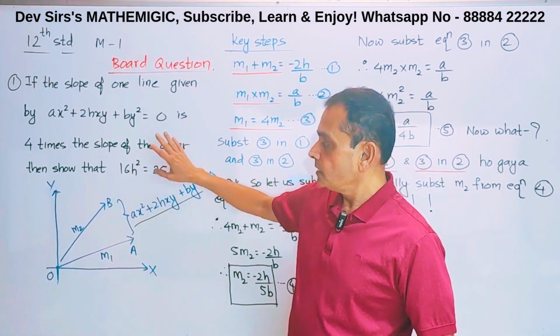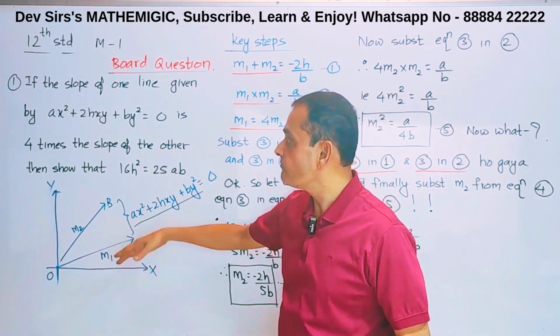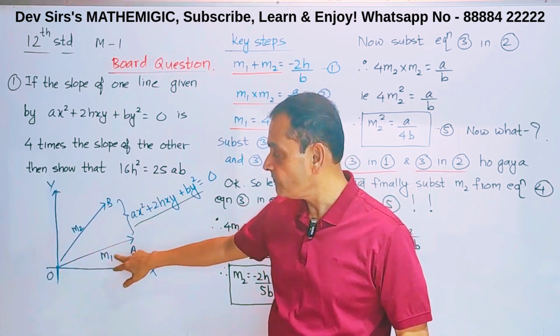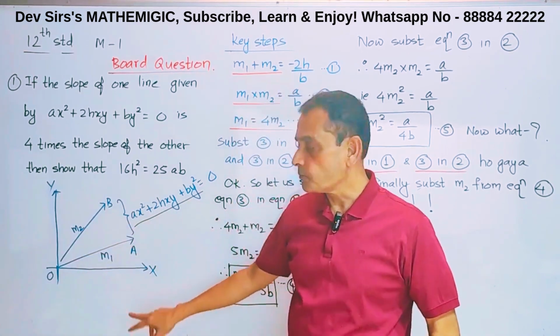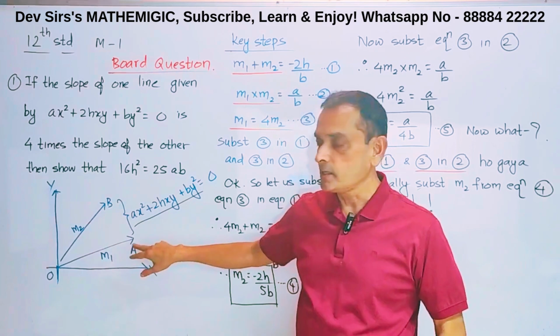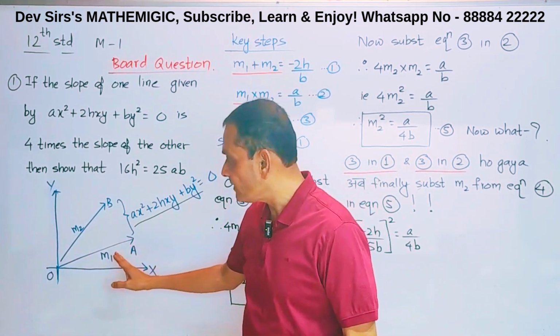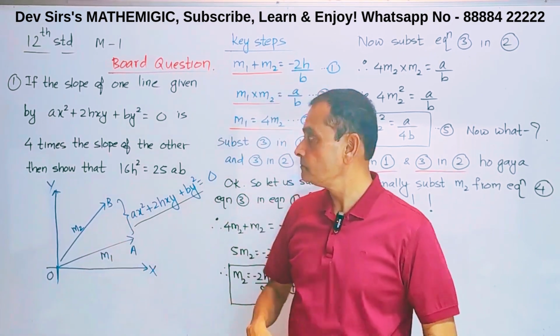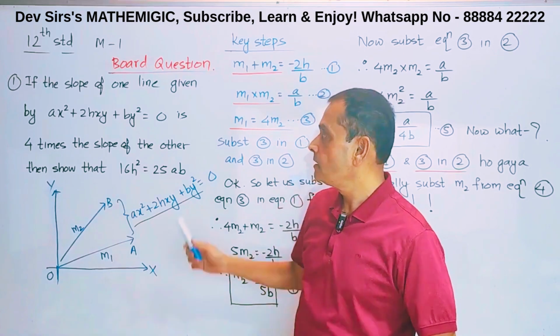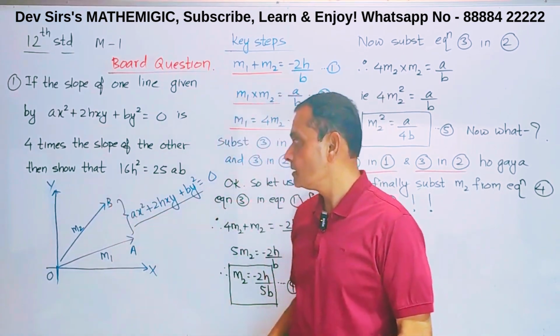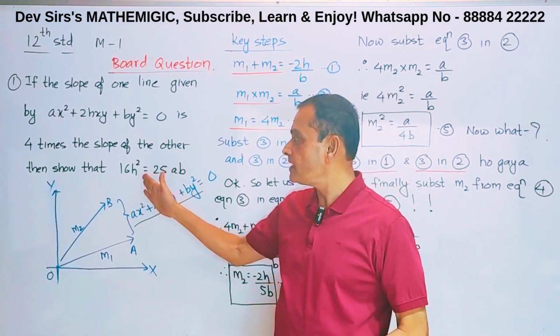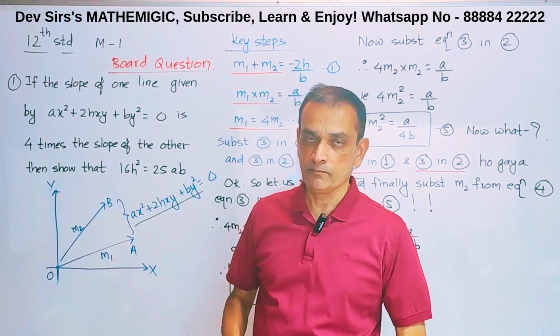So if the slope of one line is 4 times the other, supposing slope of OA is M1, slope of OB is M2, then the condition given is M1 is equal to 4M2. Then you have to show that 16h squared is equal to 25ab.